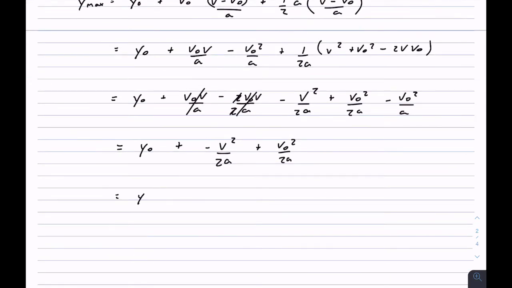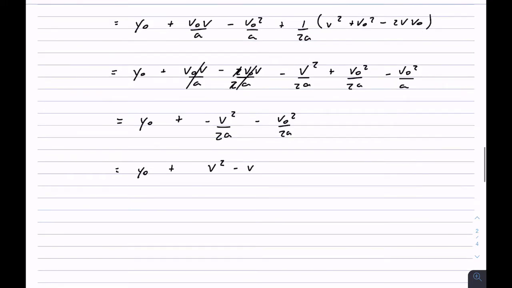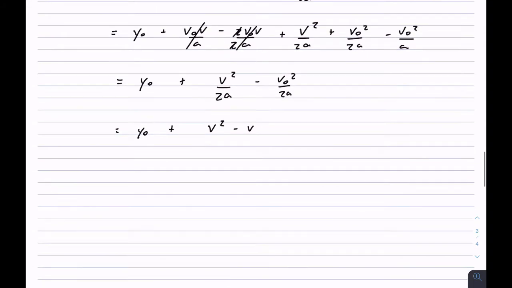So this is equal to y naught plus v squared minus, this should actually be negative, excuse me. I see, I made a mistake here. I wrote down this as negative, and this should be positive here. Yep, there we go. So I just wrote something down wrong.